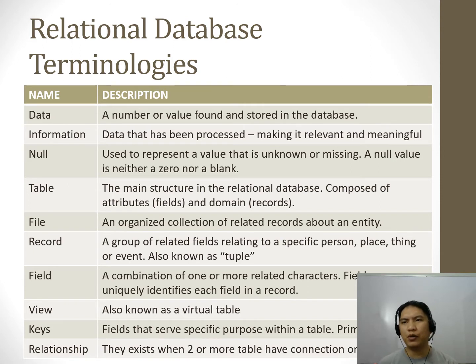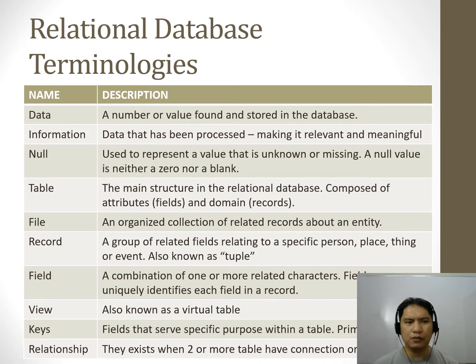Then we have a record, which is a group of related fields relating to a specific person. So this is one I have mentioned earlier. You have four different names for this one: domain, records, row, and last but not least, tuple. So take note of those four. They mean the same when it comes to database terminologies.